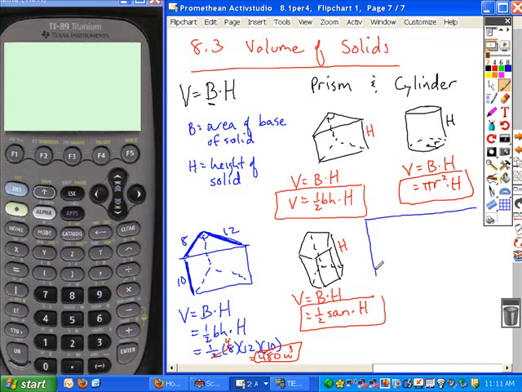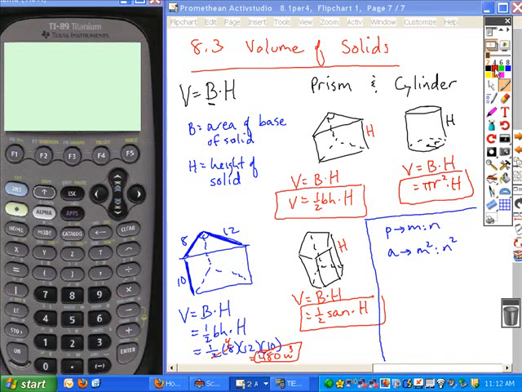And the one other thing that I want to talk about regarding volumes of solids is, if you recall, if the ratio of parts of two similar figures is m to n, then the ratio of their areas is that ratio squared. Whatever the dimensions are, area is 2 dimensions, so you take the ratio of their parts and square it to get the new ratio of areas. Well, that's true with solids as well.